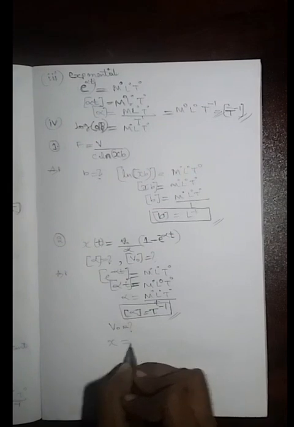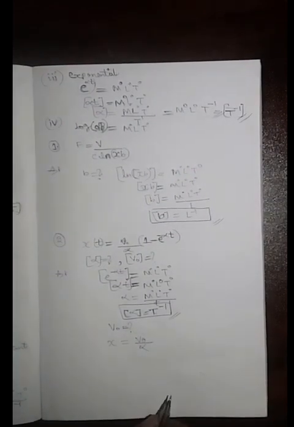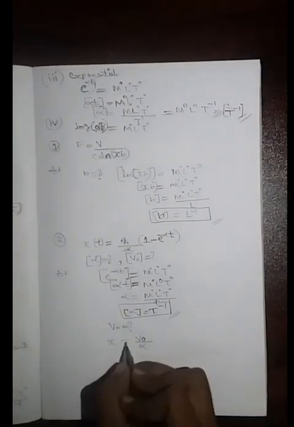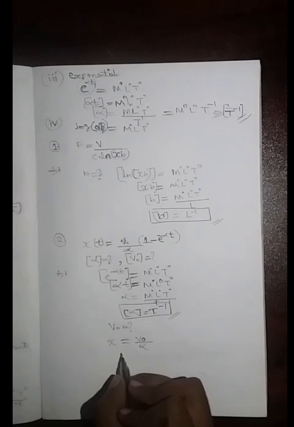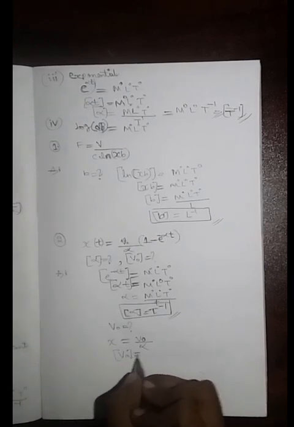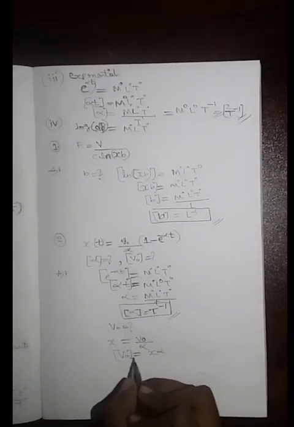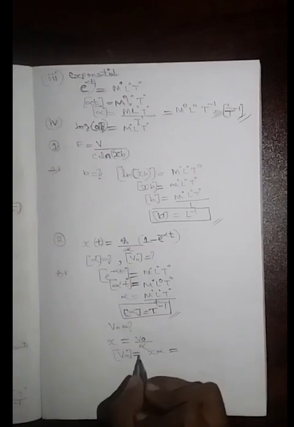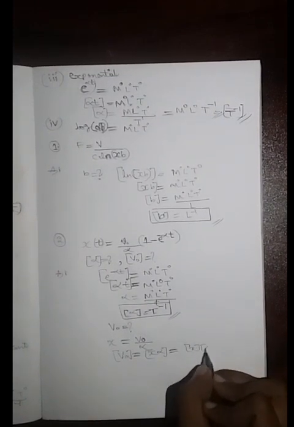So to find v naught we simplify the formula and get x alpha, and the dimensional equation of v naught would be that of x times alpha.